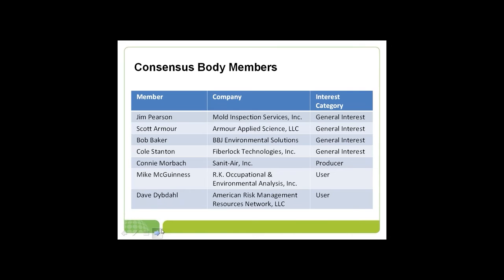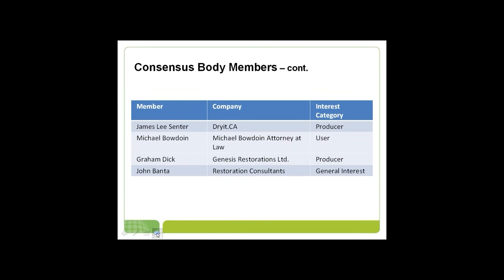Consensus body members included Bob Baker from BBJ Environmental Solutions, Cole Stanton from Fiberlock Technologies, Connie Morbach from Sanet Air, Mike McGinnis from RK Occupational and Environmental Analysis, Dave Dibdall from American Risk Management Resources Network, Lee Center from Dryit Canada, Mike Bowden from Mike Bowden Attorney at Law, Grant Dick from Genesis Restorations, and John Banter from Restoration Consultants.